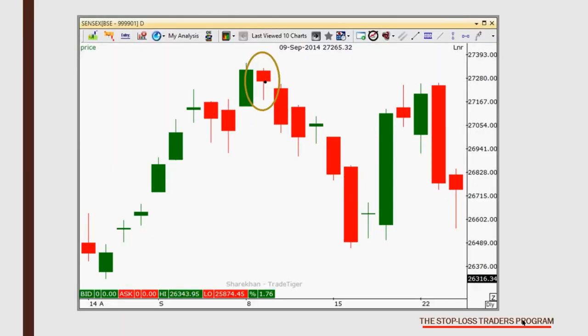Next one is the hammer. Now friends, hammer is the most bullish pattern available, and at the majority of places you'll get a hammer if the price wants to reverse the downtrend and continue its uptrend. It is majorly found after a steep fall in price.